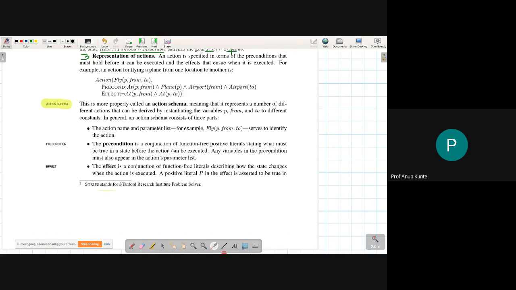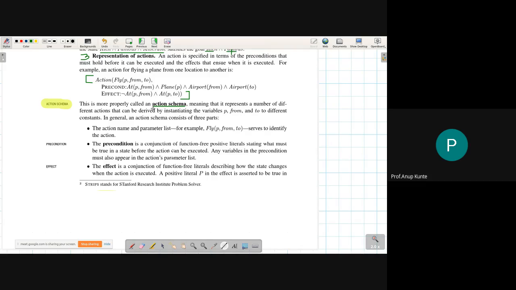I give you a minute or so to think about whether you understand the representation of an action. So representation of an action requires you to write an action schema. Action schema involves writing three things about the action. First is the action name and the parameter list. Second is the precondition which needs to be satisfied if we want to apply the action.